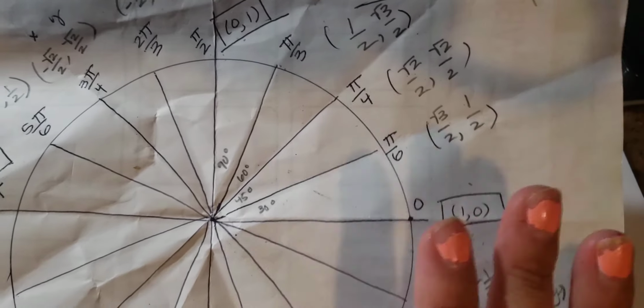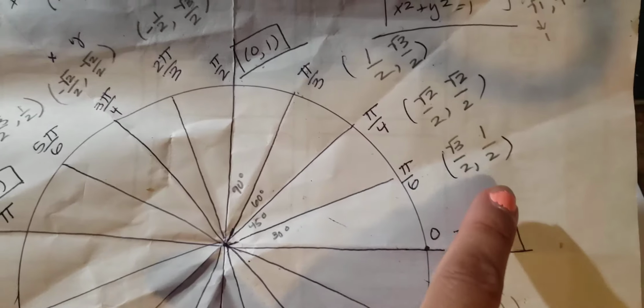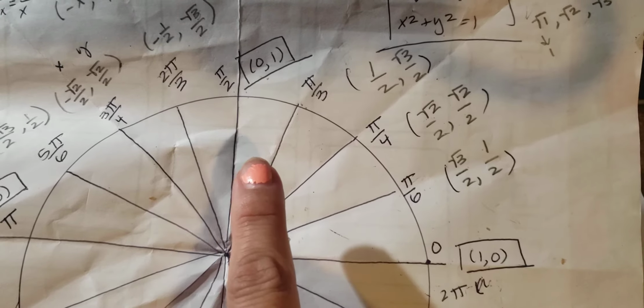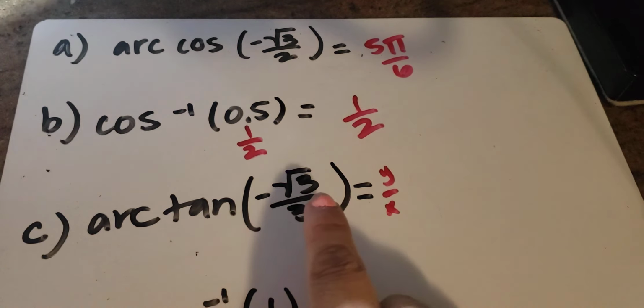For tangent, you're pretty much sticking to these. None of these are negative, so none of these will produce a negative. It'll be its negative version. So think about which one will give you negative square root of 3 over 3.